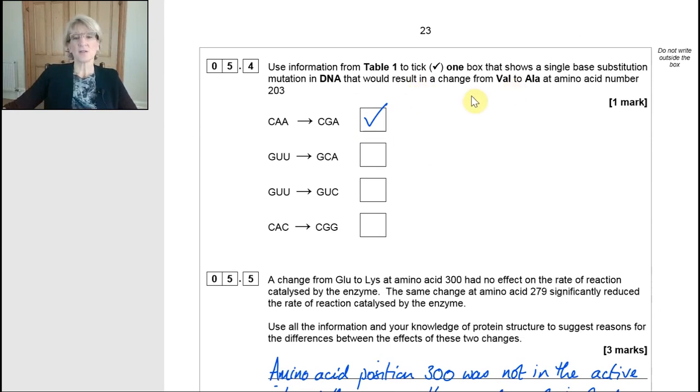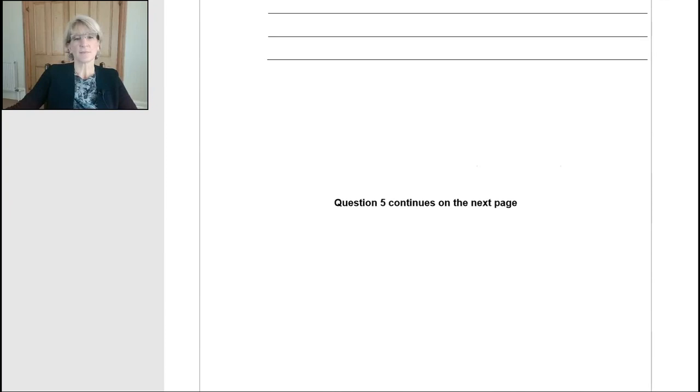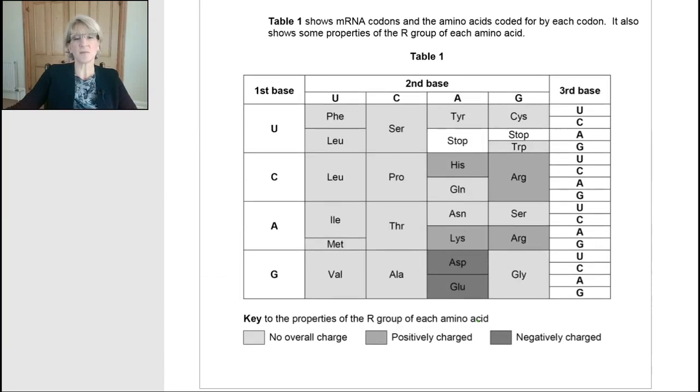Use the information that would, in DNA, result in a change from val to ala. This is where you have to remember: we're looking at GU any letter to GC any letter, but that's on the mRNA.